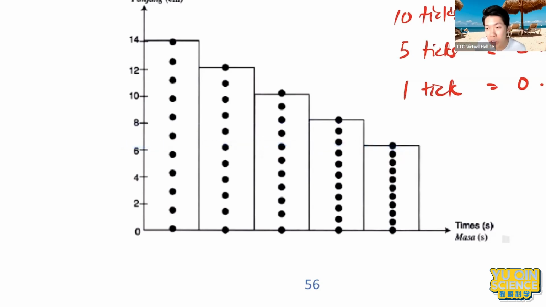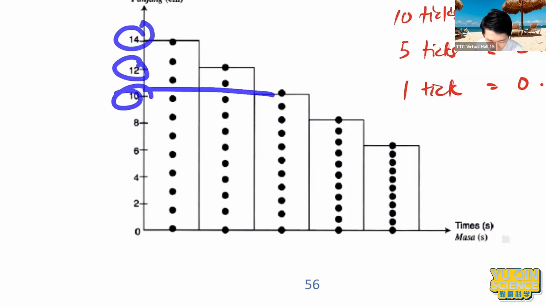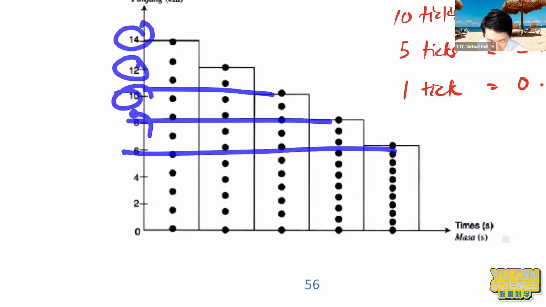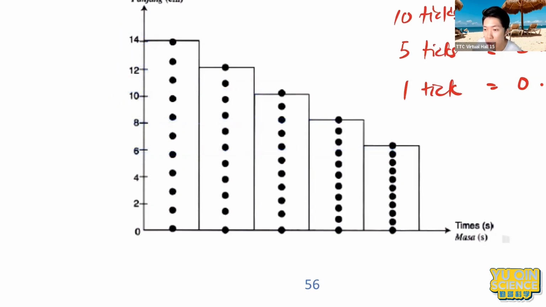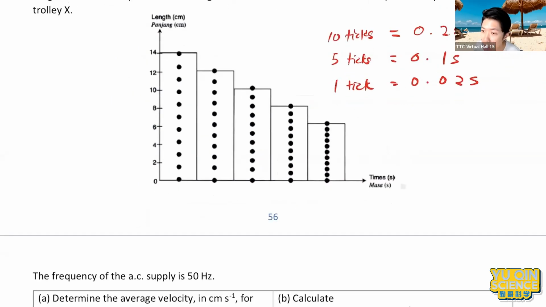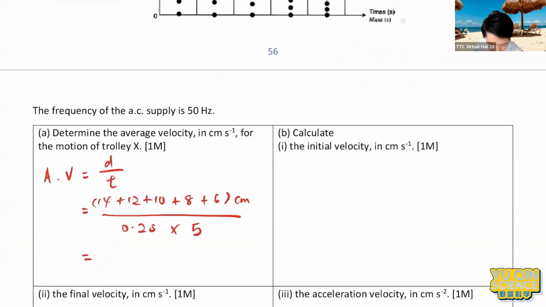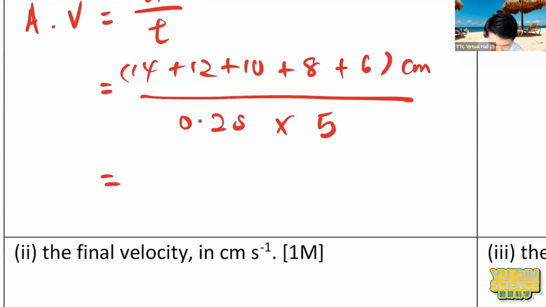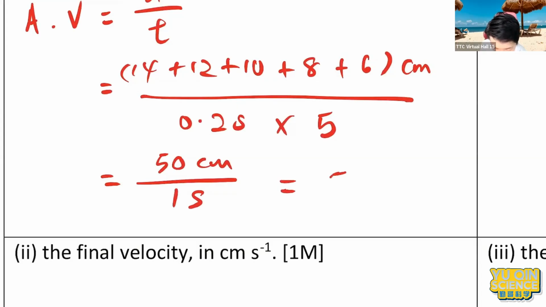You have to add up all the length, 14, 12, 10, 8, 6. You add up every strip. So 50, right? So it is equal to 50 cm over 1 second, so it's still equal to 50 cm s^-1.